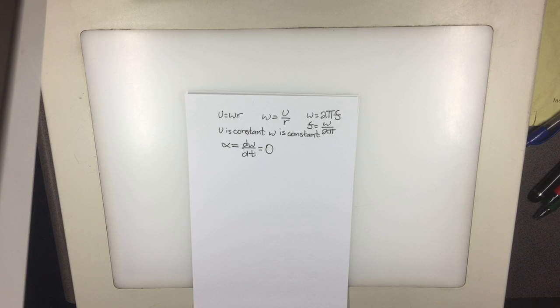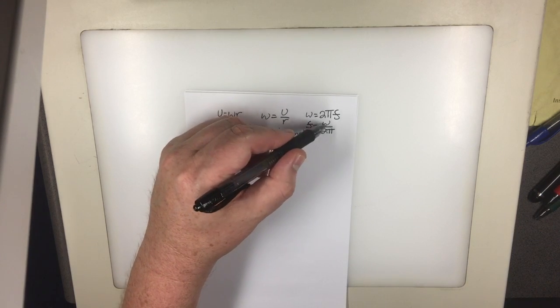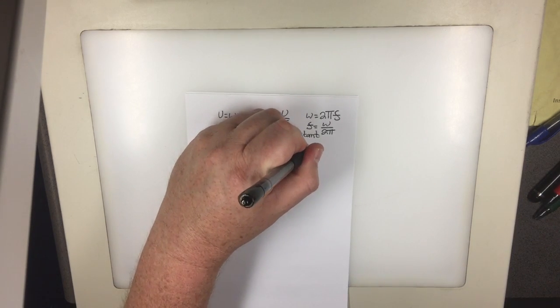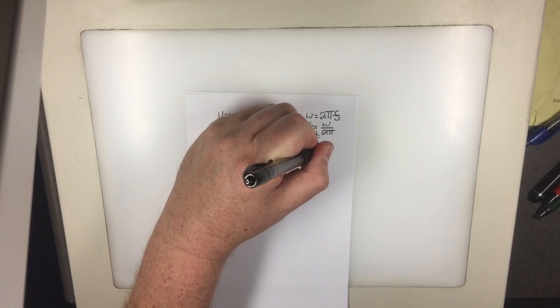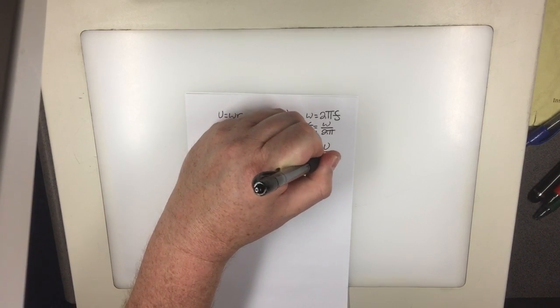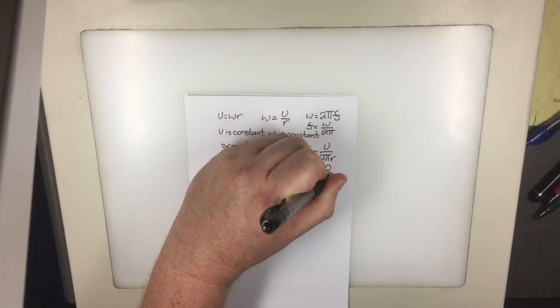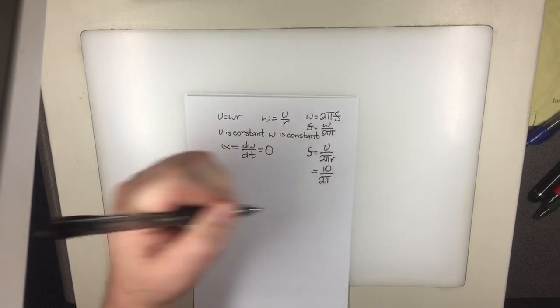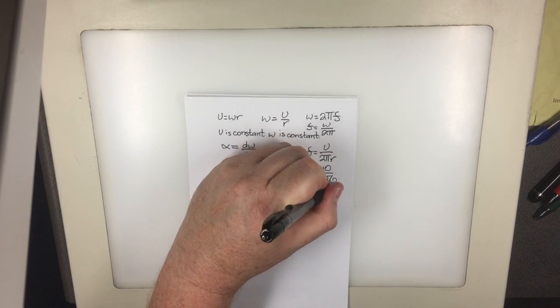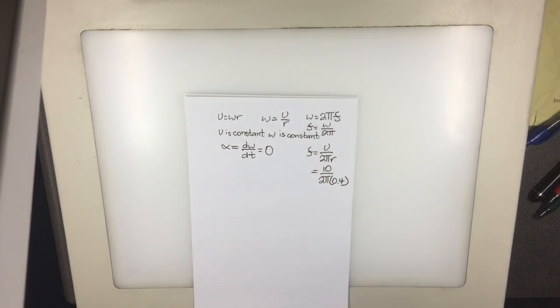V is omega R, omega is V over R, omega is 2 pi F, so F is omega over 2 pi. So F is V over 2 pi R. So V is 10, 2 pi R is 0.4, and so whatever that number is.